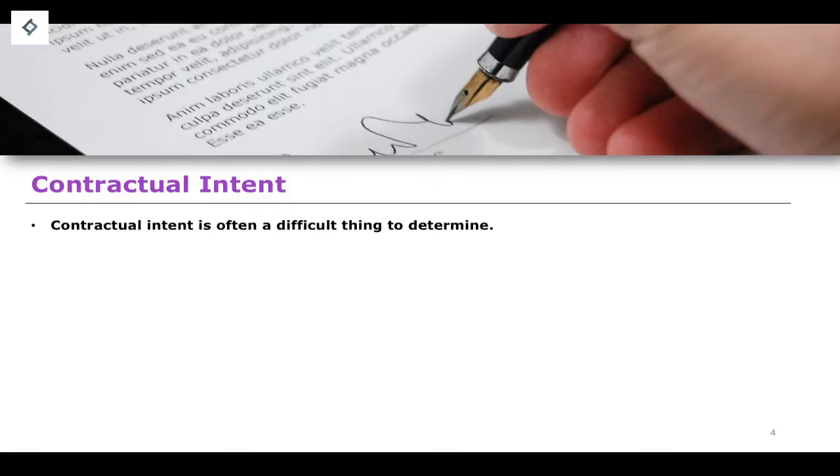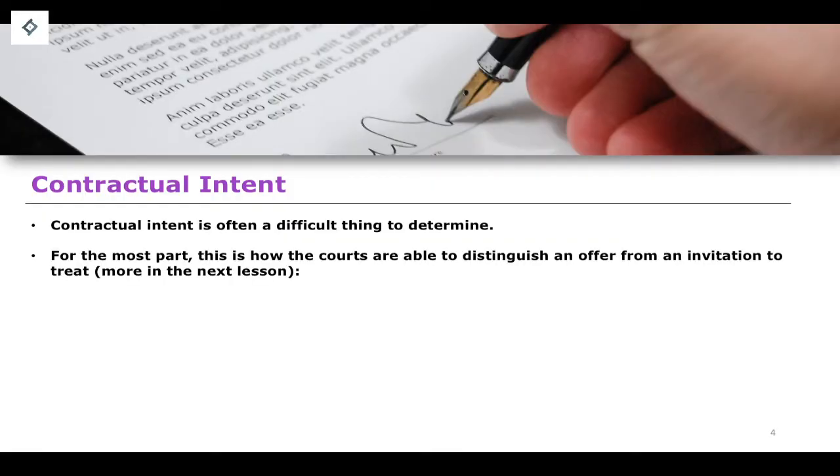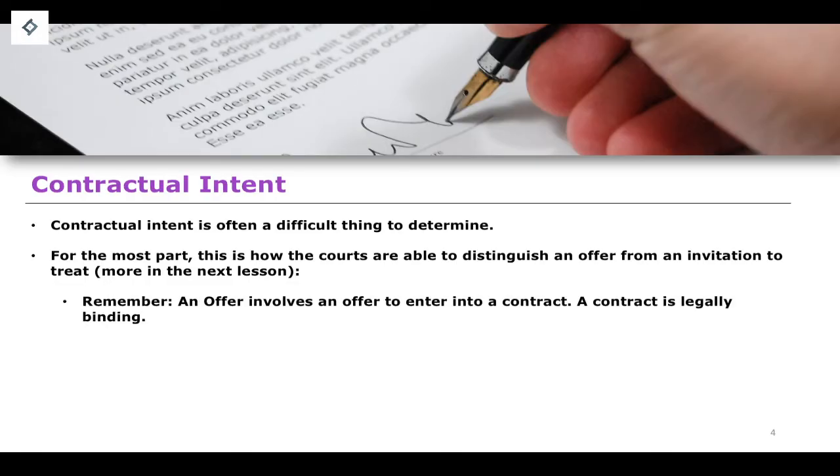So often, the idea of contractual intent is difficult to determine. And for the most part, what we have to think about is how the courts are able to distinguish between an offer, which does have legally binding implications if accepted and the other requirements for a contract are present, and an invitation to treat, which is a completely different thing that is almost like an invitation to potential negotiations which could give rise to a contract, and does not actually have any kind of contractual binding obligations in and of itself.